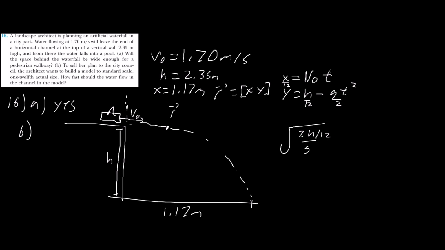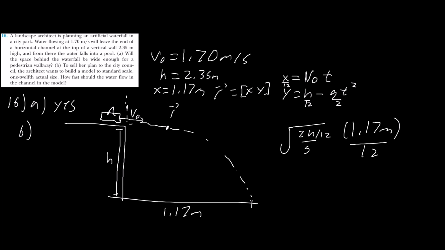And they want the velocity too, so we're going to multiply by x, which is going to be 1.17 meters divided by 12. And we're going to divide that by the time it takes.